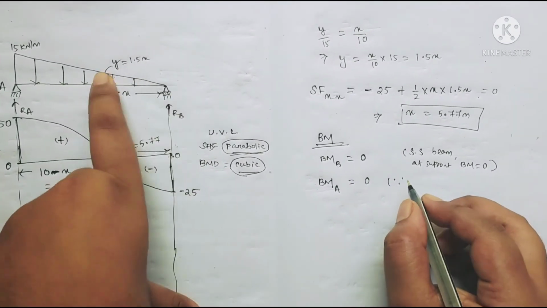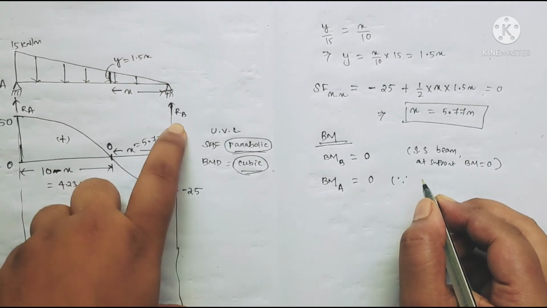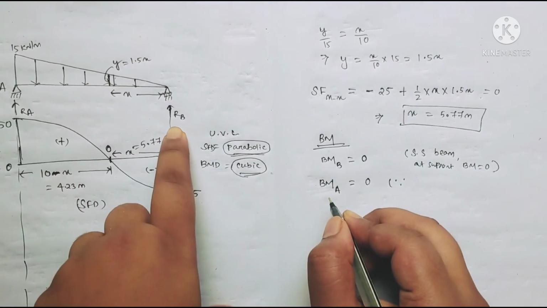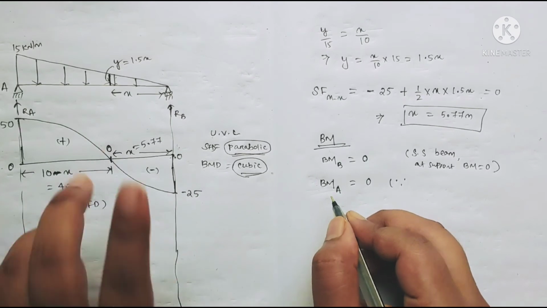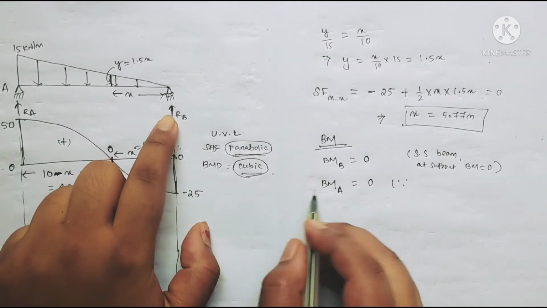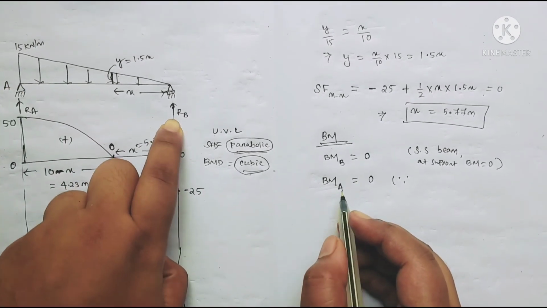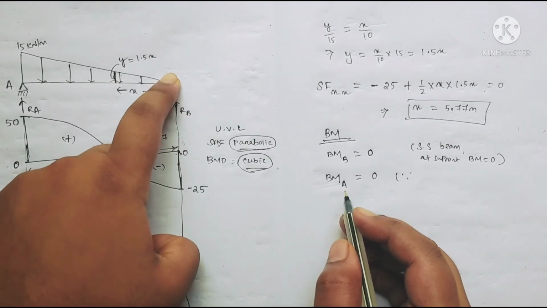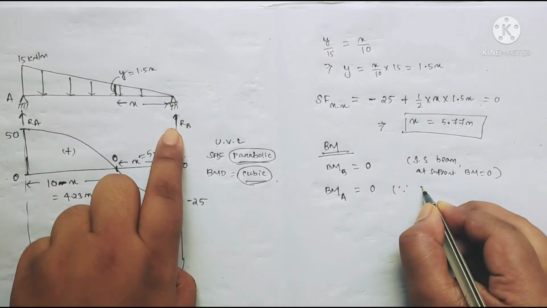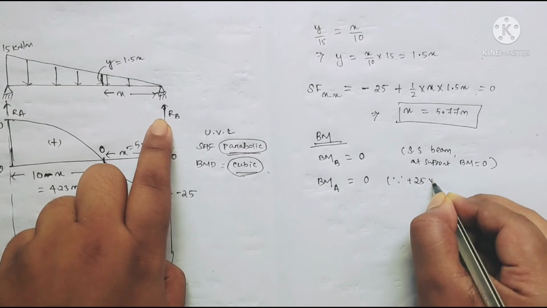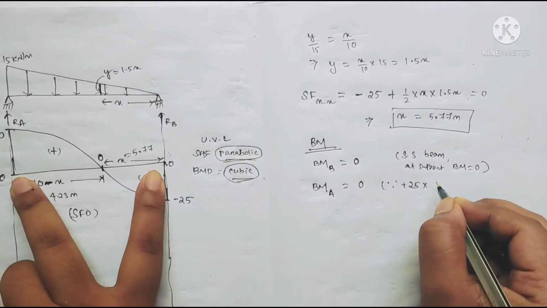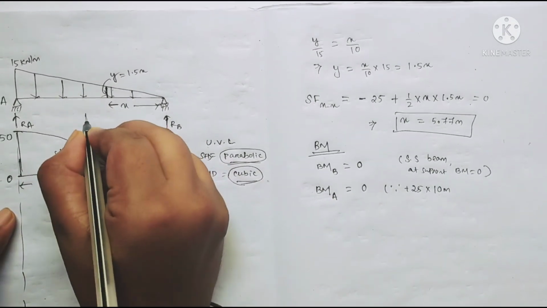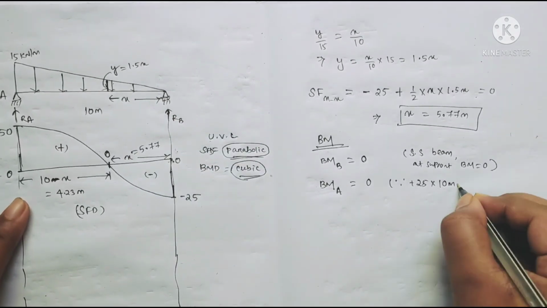For bending moment we take the upward force and downward force. At point A, the force RB is upward, so it will be positive: 25 into the perpendicular distance, which equals 10 meters.